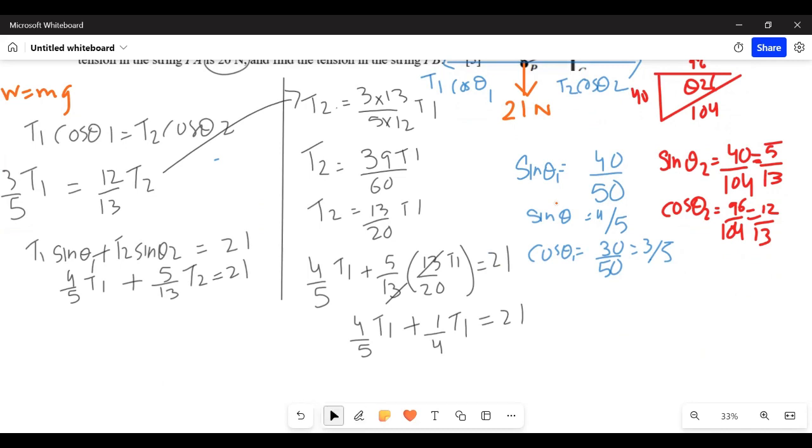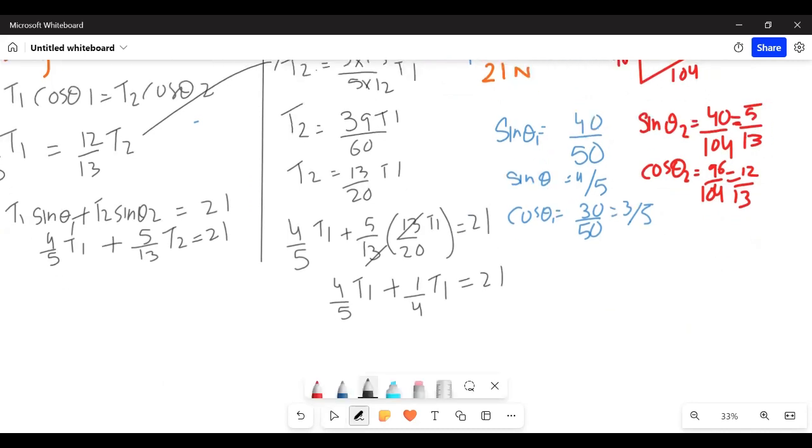So we get 4 by 5 plus 1 by 4, which equals 21 by 20, T1 equals 21. So T1 comes out to be 20 newtons.